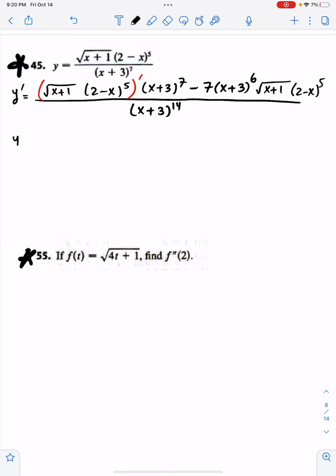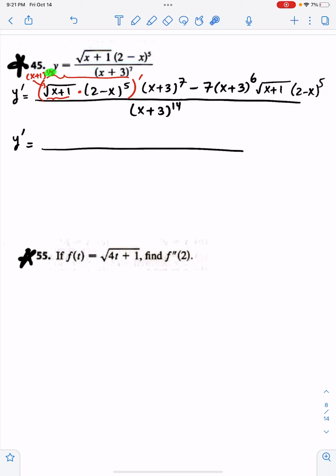Okay, so let's continue that. Y prime is equal to, so now let's find derivative of this first piece that we had. So now you see multiplication. Think about derivative of the first one, which is radical x plus 1. Let me rewrite radical x plus 1 as (x plus 1) to power 1/2.